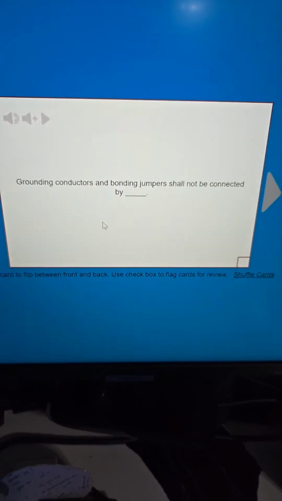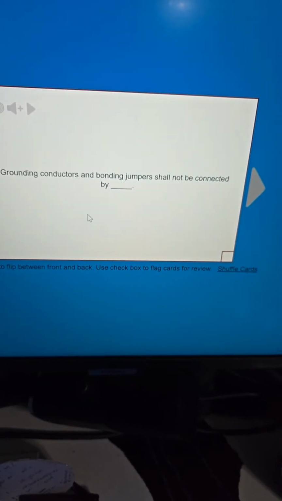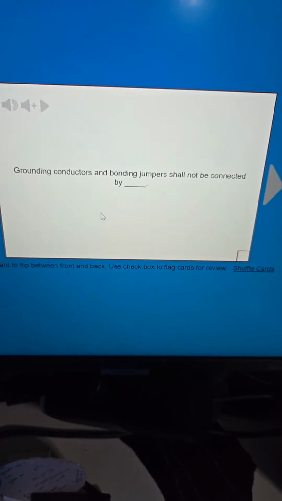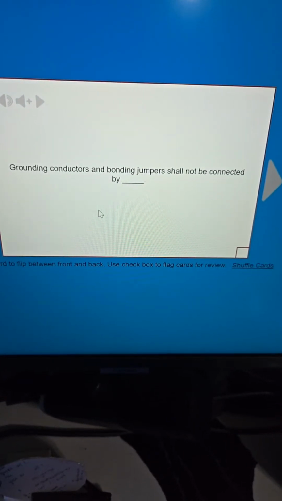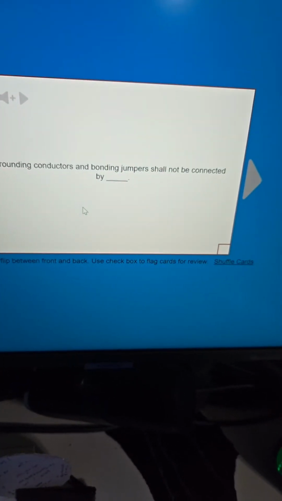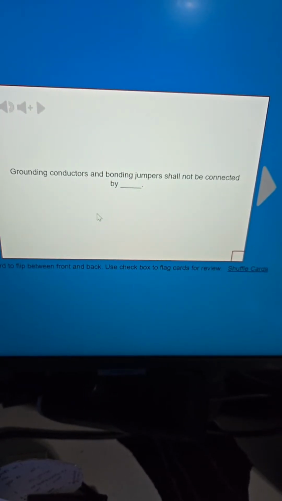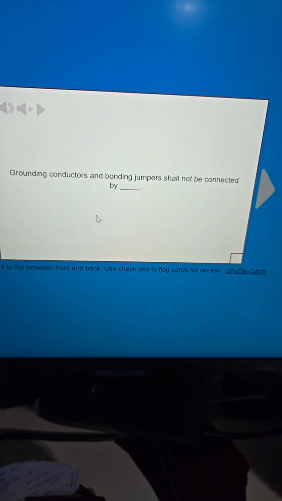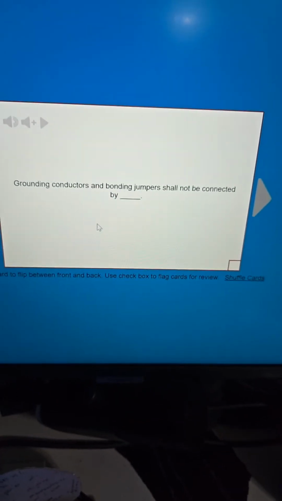We don't want to bore the chat. Grounding conductors and bonding jumpers shall not be connected by... We could skip that one.